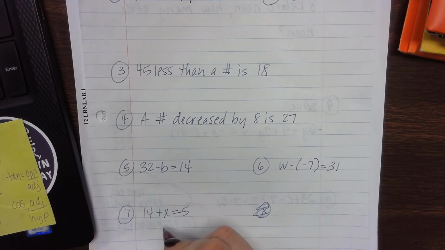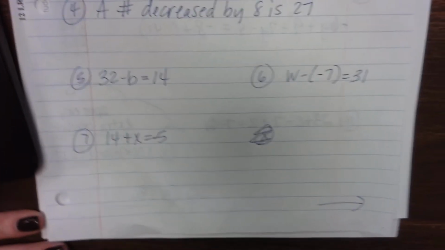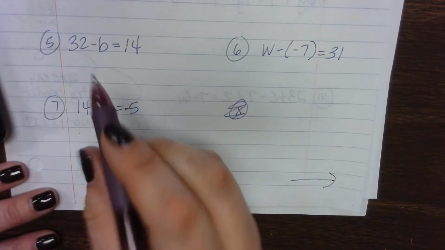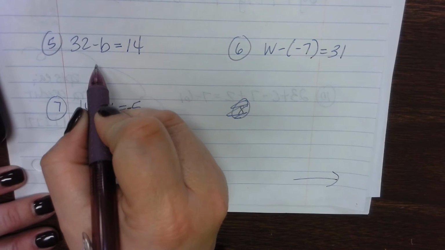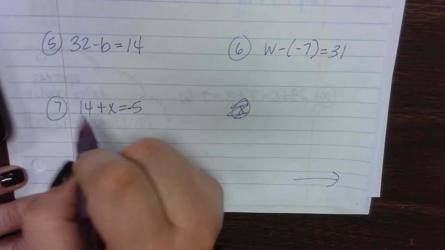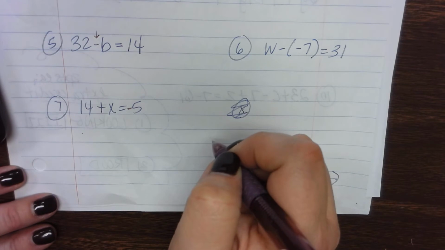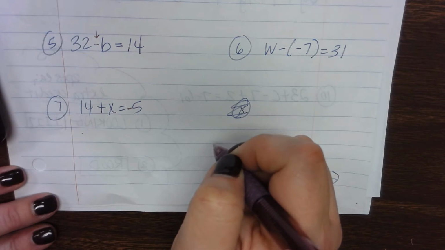Now 5 was a tricky one, and it's because it's a little bit out of order. Now, you could try to rearrange this, but what's going to happen is the B is going to be negative, and that's what threw a lot of you off.